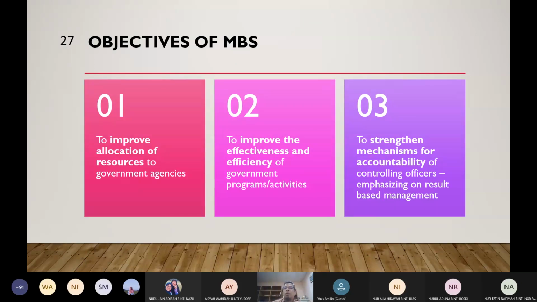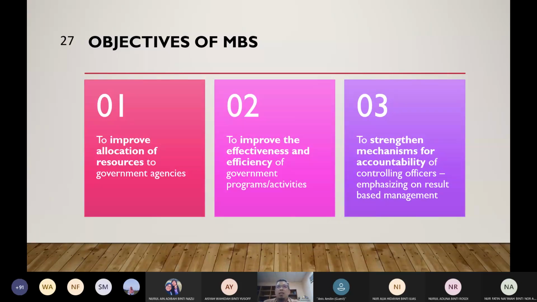Thirdly, to strengthen the mechanism for accountability of controlling officers, emphasizing result-based management, right? So it says here what it means. Accountability needs to be strengthened with the introduction of MBS. But in what way? Sometimes it's easy to say improve, to strengthen, to make it stronger.